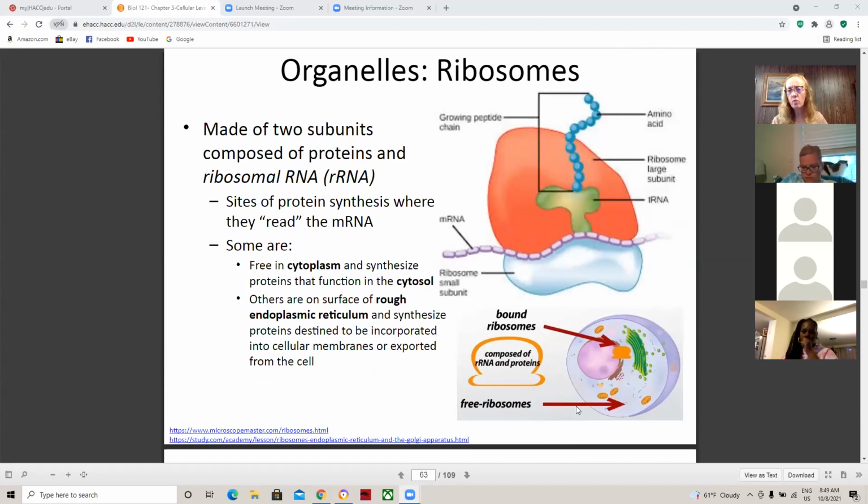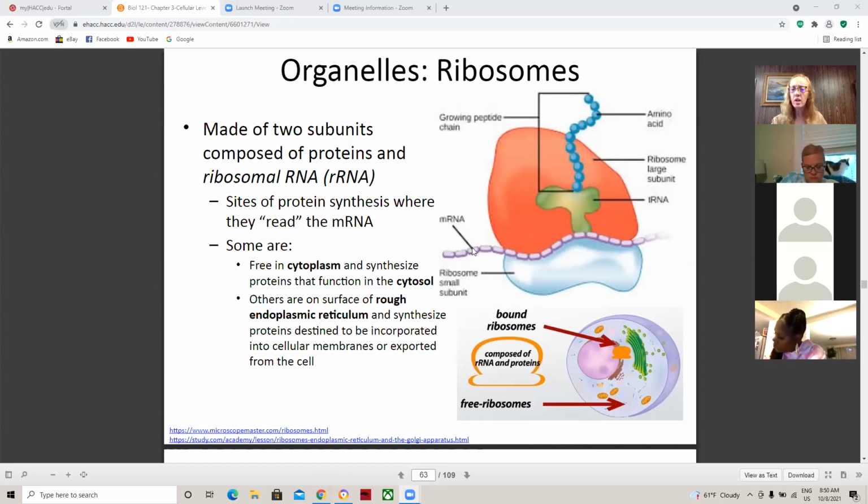Another organelle are what we call ribosomes. Ribosomes are made from two subunits that are composed of proteins and ribosomal RNA. These are the sites of protein synthesis, where they read the mRNA, meaning messenger RNA.